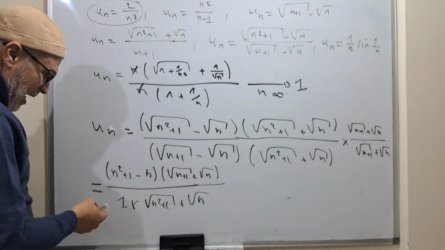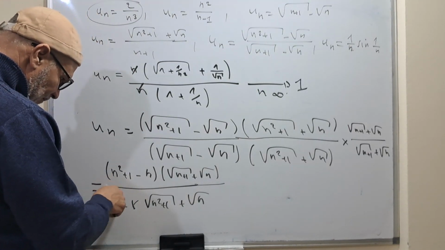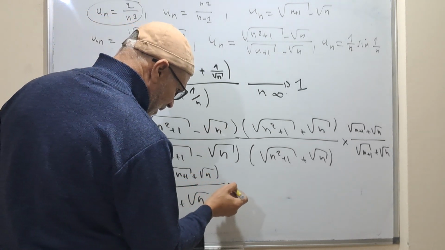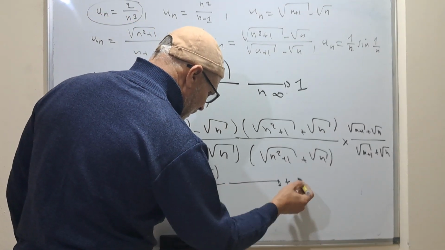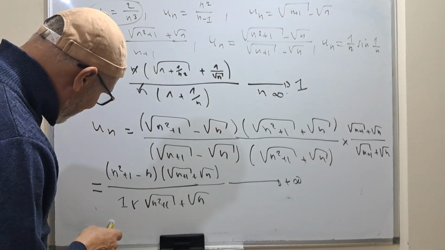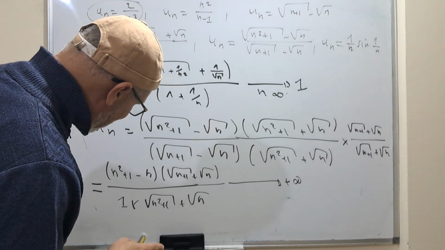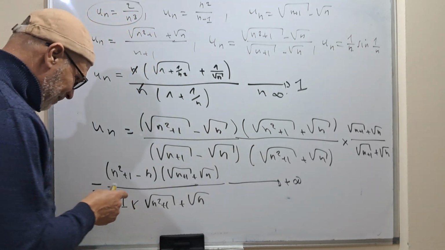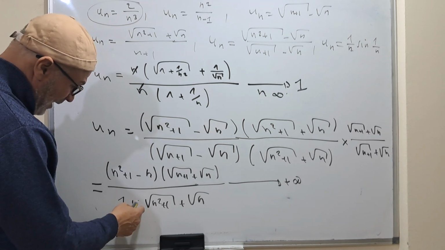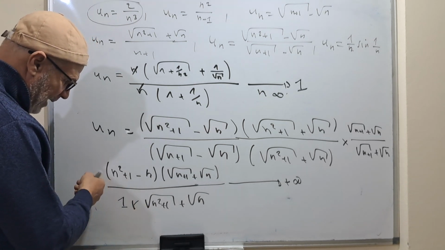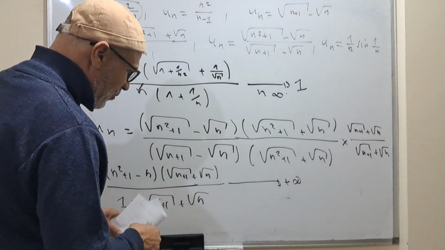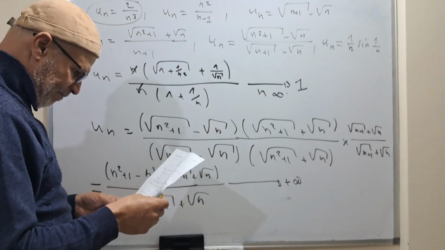In this case, the limit goes to plus infinity, since if we take off n from here and we cancel n with n and the others, we have the times, so it goes to plus infinity.